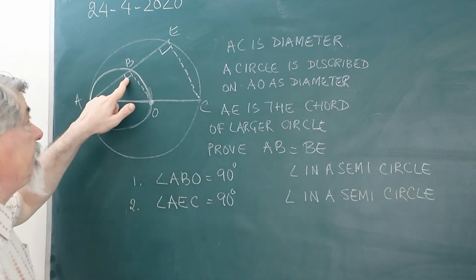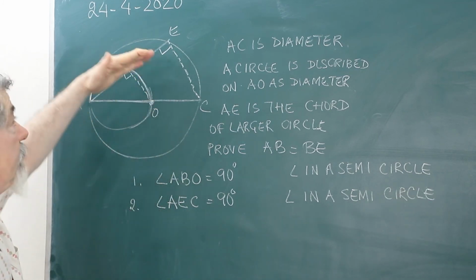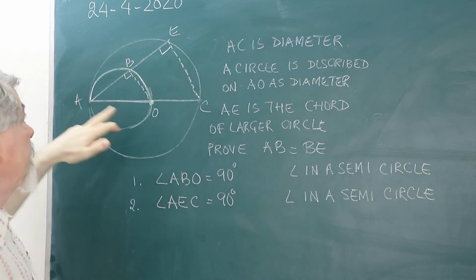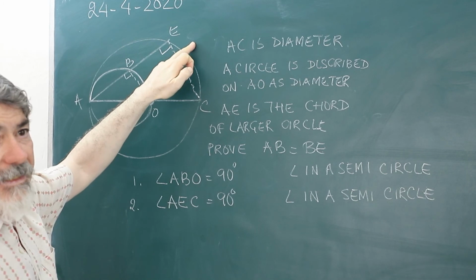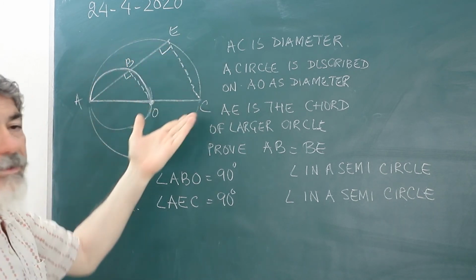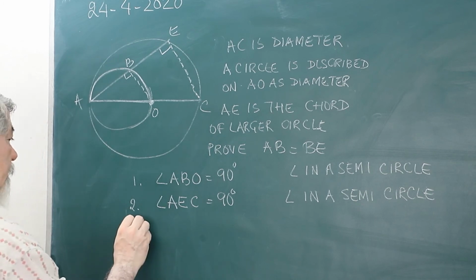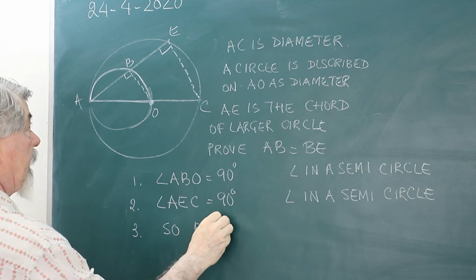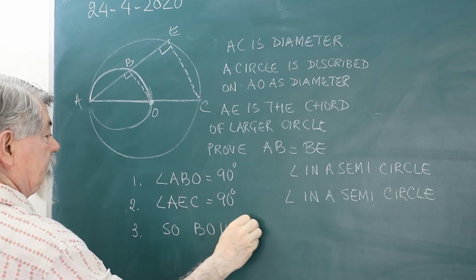Now this is 90 degrees, this is 90 degrees, and they are perpendicular to the same line AE. That means BO is parallel to EC.